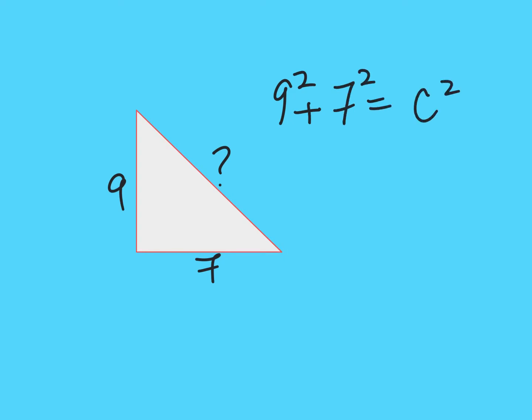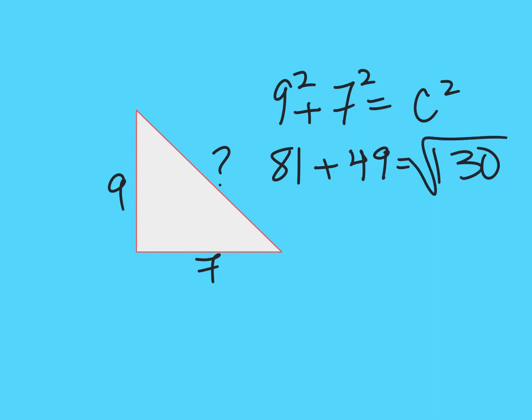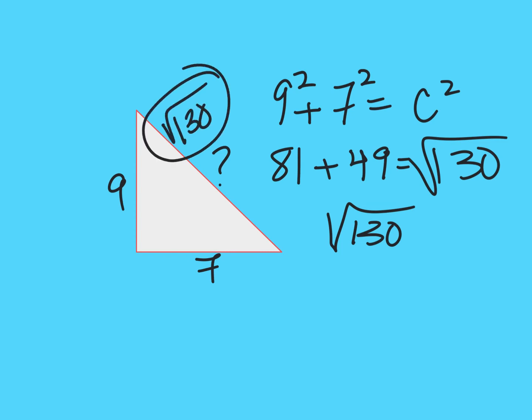So here we have 81 plus 49. What is 81 plus 49? It gives you 130, right? But then remember that it is a square root. The square root of 130 cannot be simplified, so you're just going to leave it like this. Get used to leaving your answers in square root.